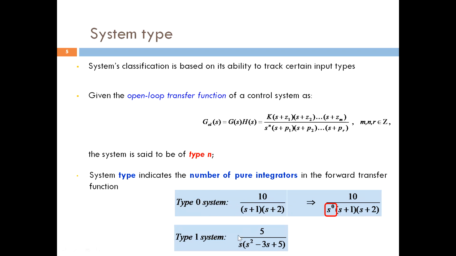Here again we see that this transfer function has one s in the denominator, and we could write it explicitly as s to the power 1, just so that we see the relationship between the system type and the integrators. So this system has no integrator, and it's referred to as a type 0 system. This system has one integrator, and it's referred to as a type 1 system.